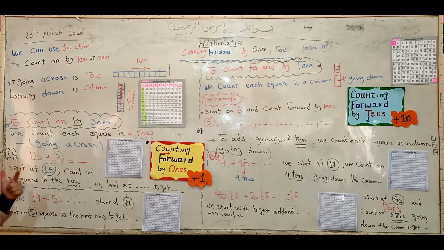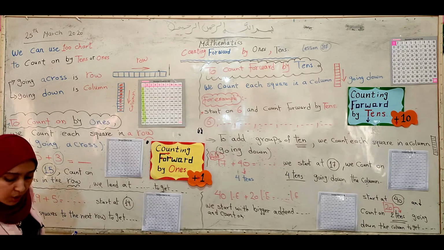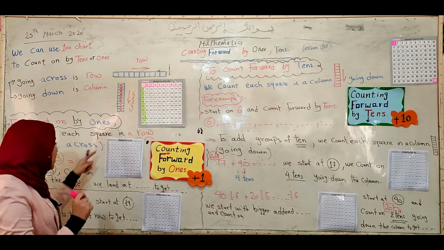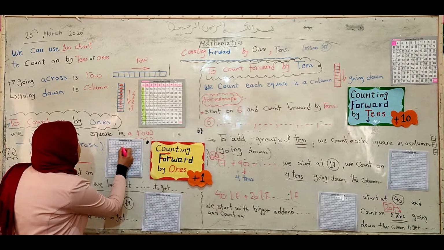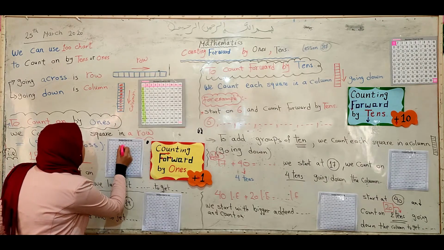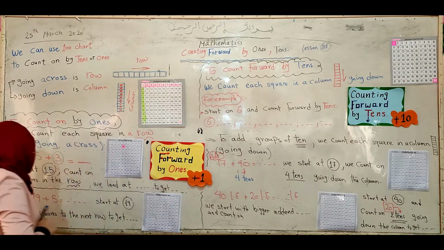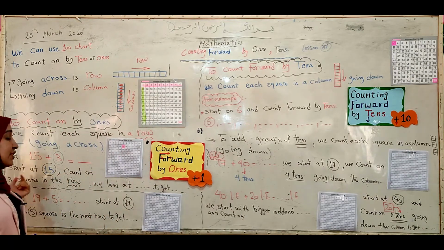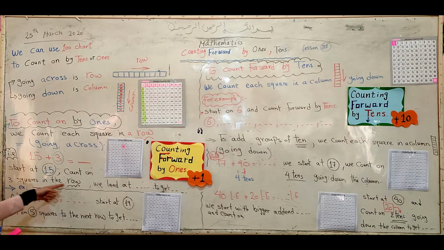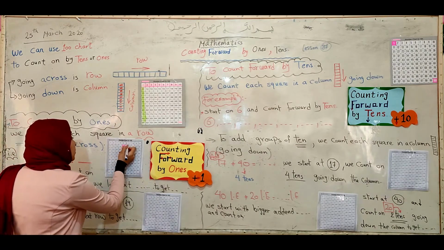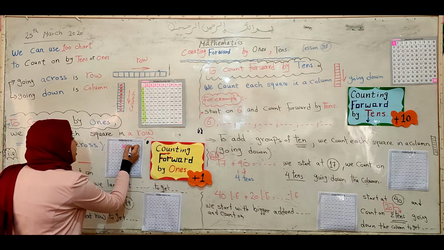First we start at number 15, then count on 3 squares. Where is number 15? Here. This is number 15, so I start on number 15. Then I count on 3 squares in the row. 1, 2, 3.